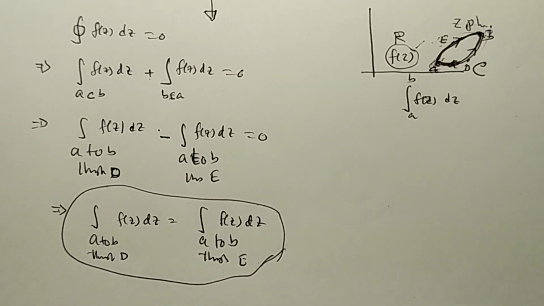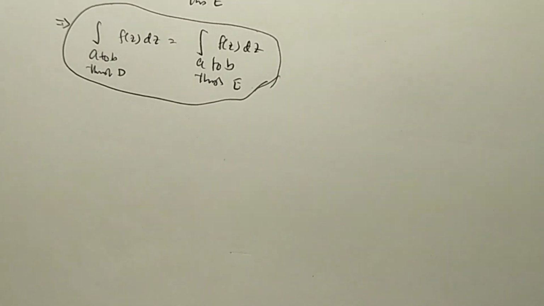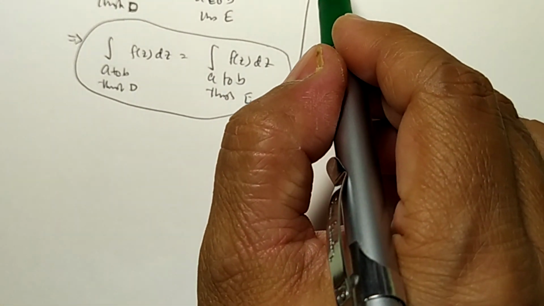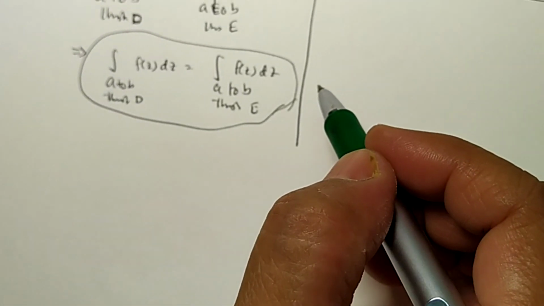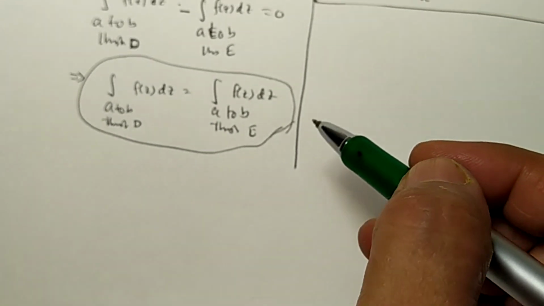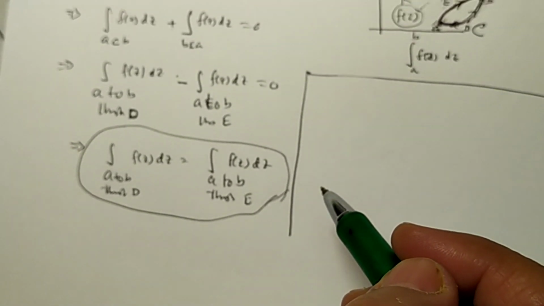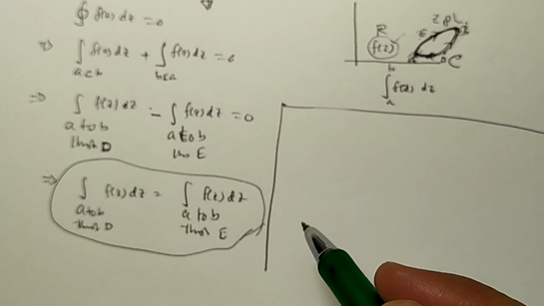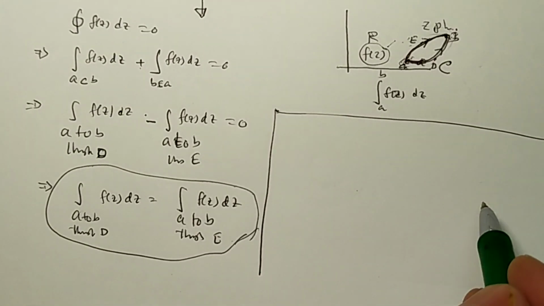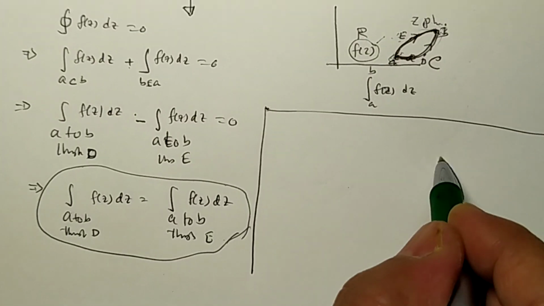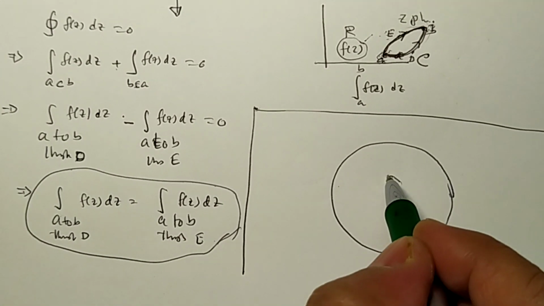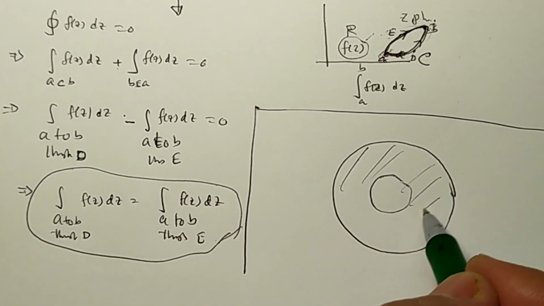Now I will take a multiply connected region and see the consequence of Cauchy's theorem. What is a multiply connected region?